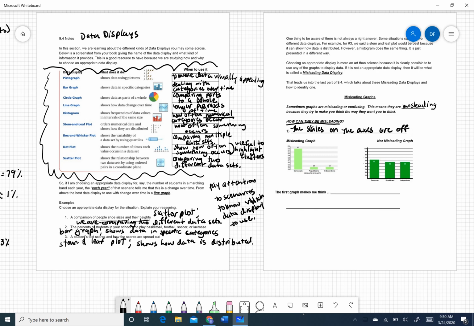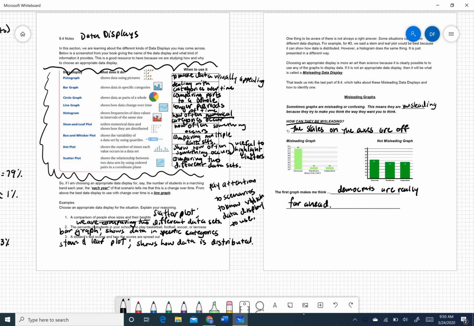Okay, and so what we can write for what the first graph makes me think is that the Democrats are really far ahead, right? And so if we look at the not misleading graph to the right, we can see that they are ahead, but not by as much as it looks like in the first graph.